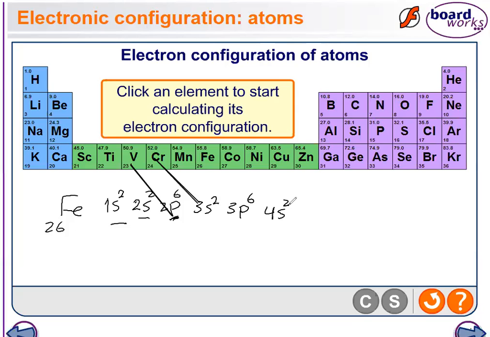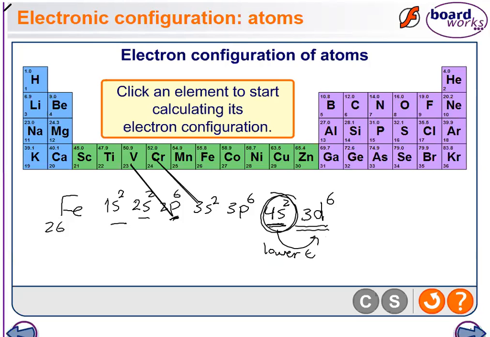It will take 2, so we still have 6 electrons that will be placed in 3d. So 3d6. You got it? So here the trick is that we open 4s before 3d, because 4s is lower in energy than 3d. Is it clear, guys?